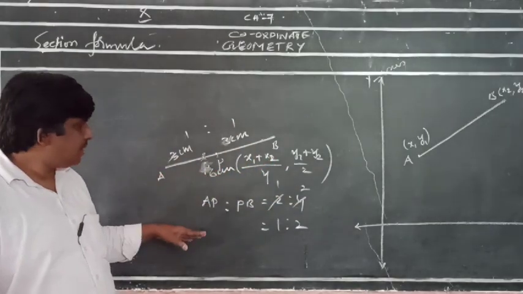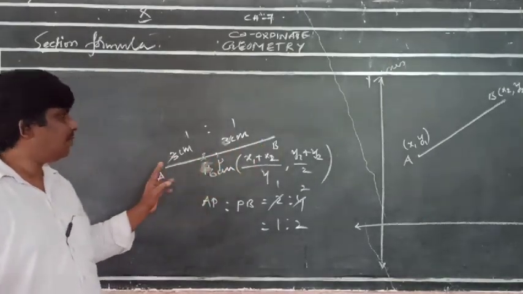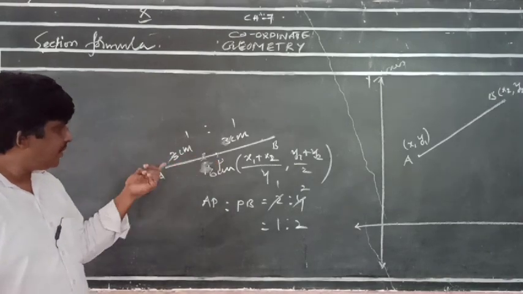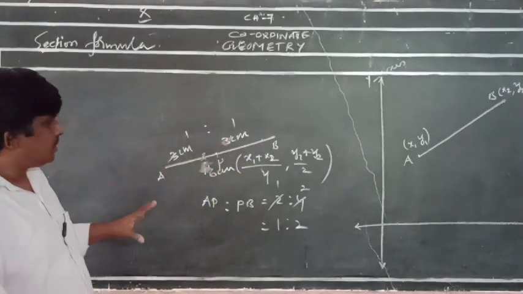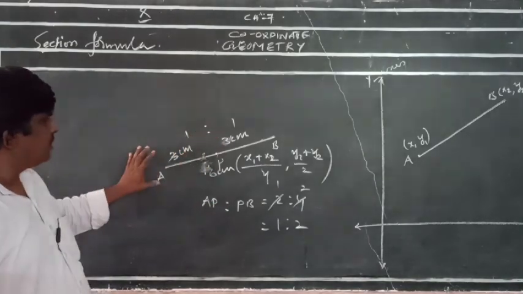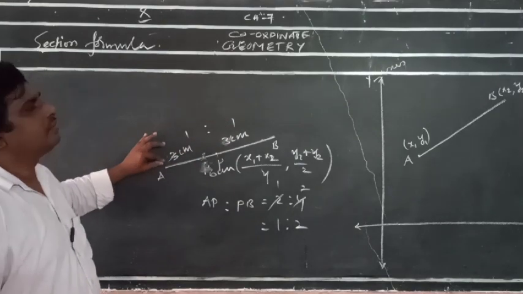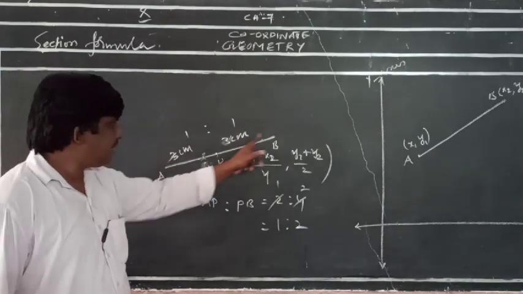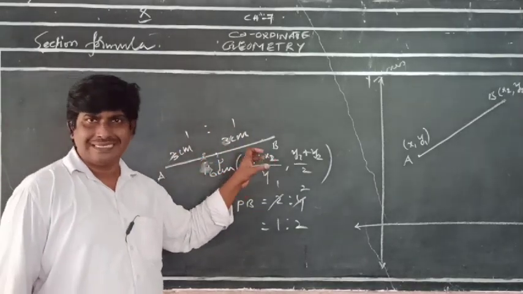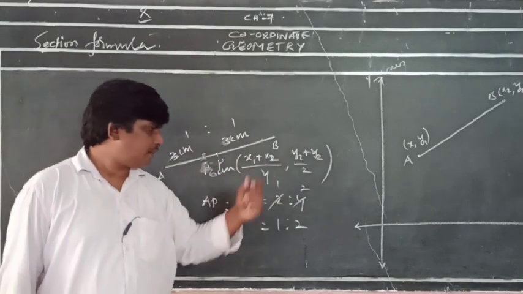But here the question is, if a point exists in between 2 points of a line segment, then how does that point divide the segment in the given ratio? At that time, how do we find this point? How do we find the point which is dividing the given line segment in some particular ratio? Here 3 is to 3 means you know it is a midpoint, with midpoint formula x1 plus x2 by 2, y1 plus y2 by 2.